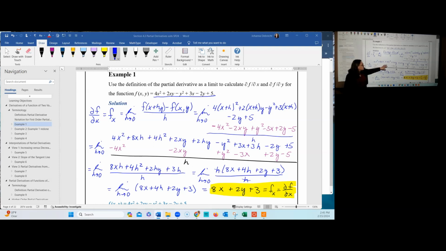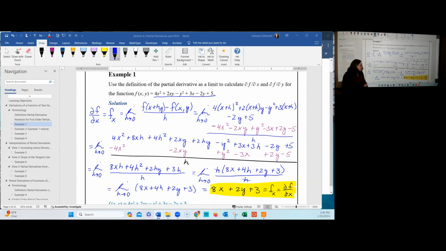When you do that, you get cancellation of several of the terms, and you're left with 8xh plus h squared plus 2h times y plus 3h, all divided by h. Every term in the numerator has h as a common factor.